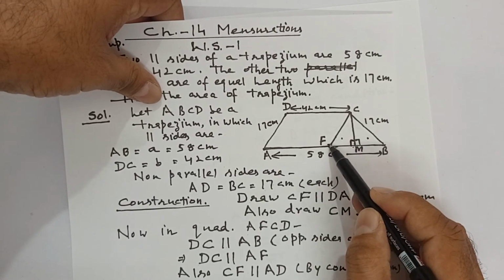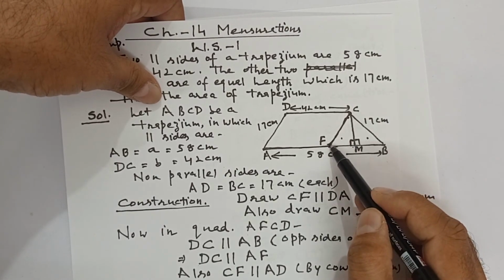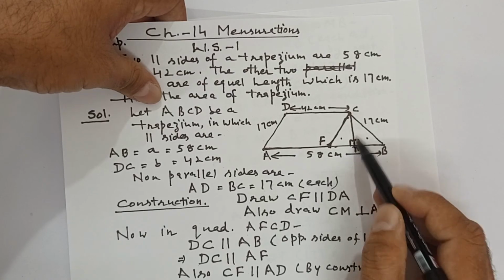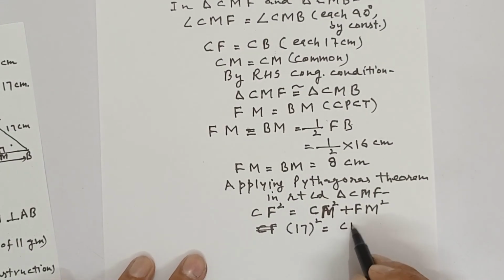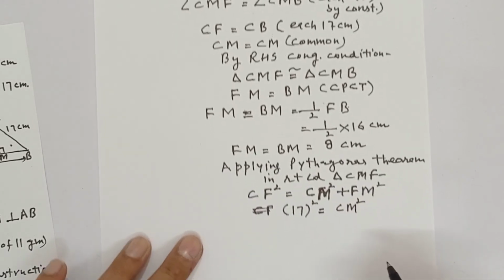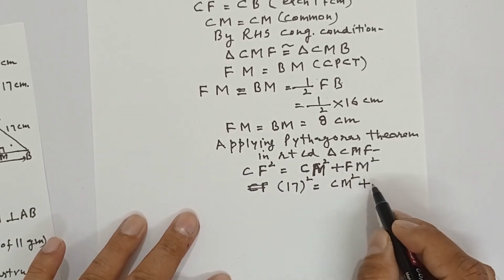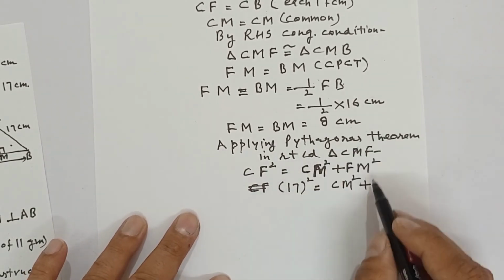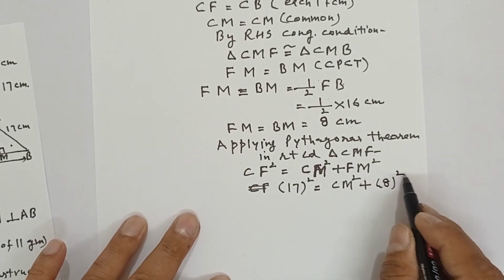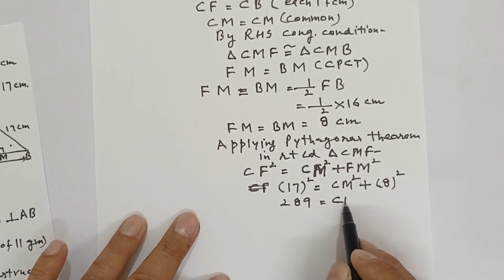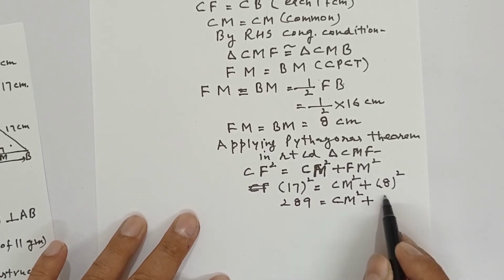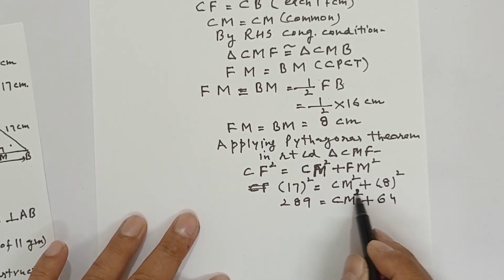In front of 90 degree is the hypotenuse. So CF square is equal to FM square plus MC square. CM is not given to you, so you have written CM square. Plus FM is how much? 8. 17 17s are 289. CM square plus 8 8s are 64.